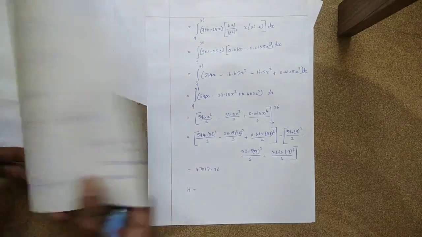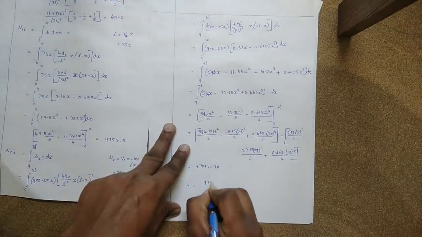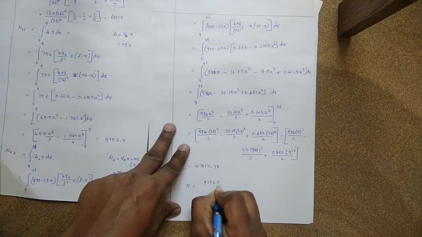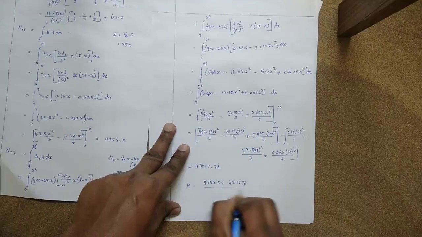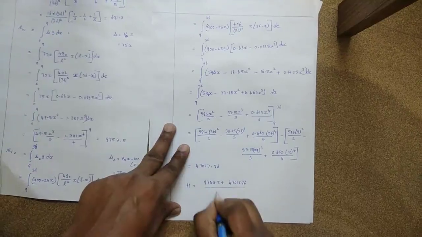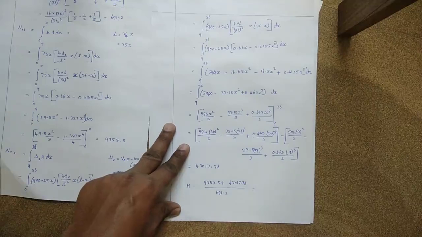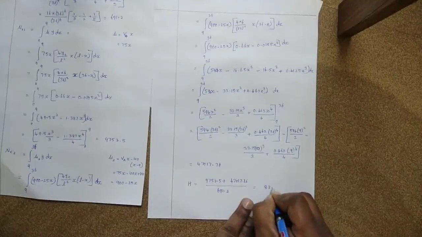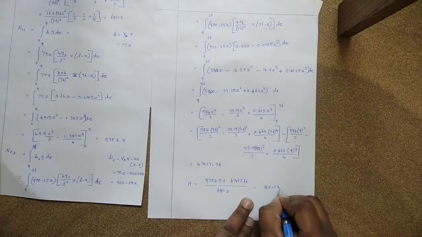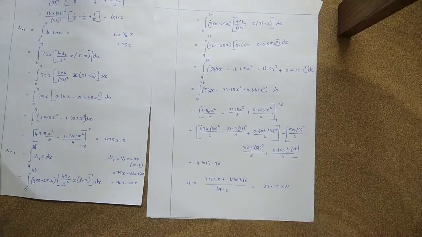So the numerator 1 value is 9753.5 plus the numerator 2 value 47017.76, divided by the denominator, which is 691.2. By solving this, we get the horizontal thrust value as 82.13 kilonewton. So this is the method to calculate the horizontal thrust.